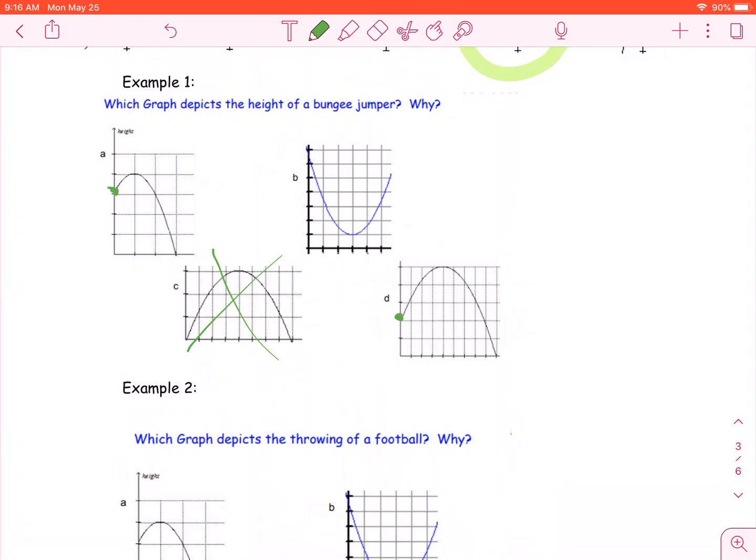So right now, A, D, and even B are possible. But generally what happens is when you jump, you're going to hit a max height, and then you're going to go back to the ground where you started. So in terms of which depict the height of a bungee jumper, because you're going to have that little leap, B is not going to be an option. So I'm going to leave it between A and D.